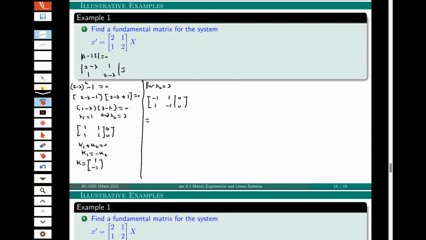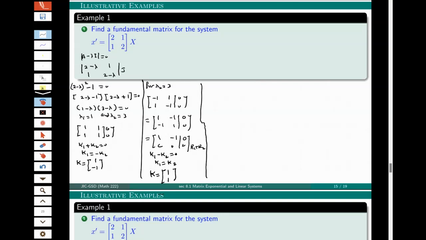So we have only one equation, because when I swap, this is 1, minus 1, 0, and minus 1, 1, 0. If I add row 1 plus row 2, you will get 0, 0 equal to 0, which means k1 minus k2 is 0. So k1 is equal to k2, and the eigenvector will be 1 and 1.